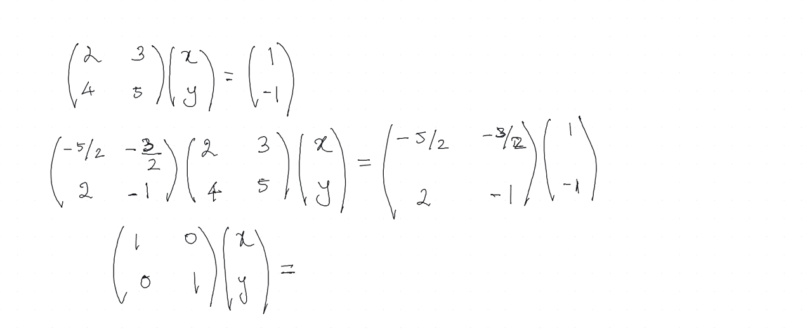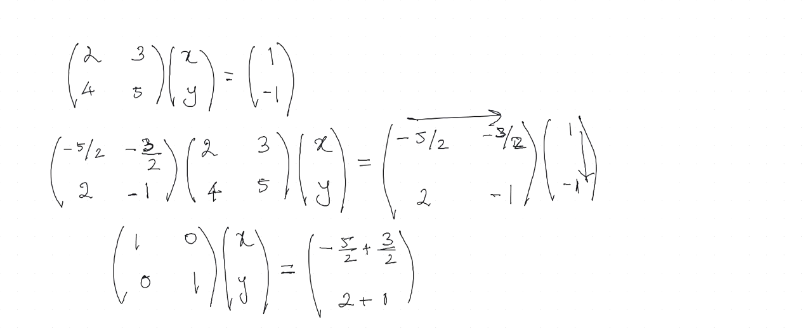So it'll be minus 5, this by one goes with this one. Do you get that? Minus 5 by 2 plus 3 by 2, and then 2 plus 1.